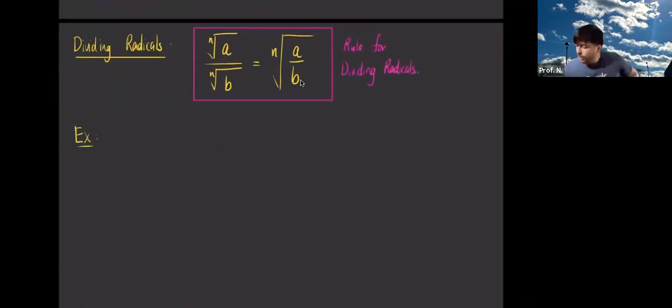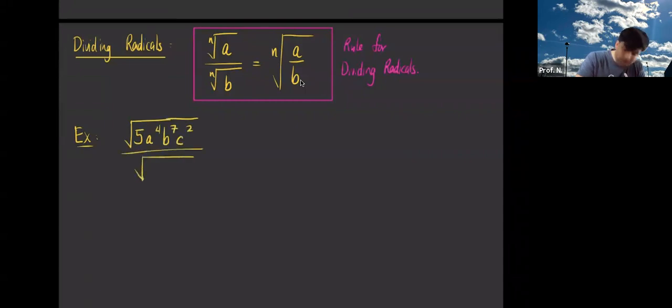So example, if I take the square root of 5, a to the fourth, b to the seventh, c squared. If I divide this by the square root of a b cubed c, right?